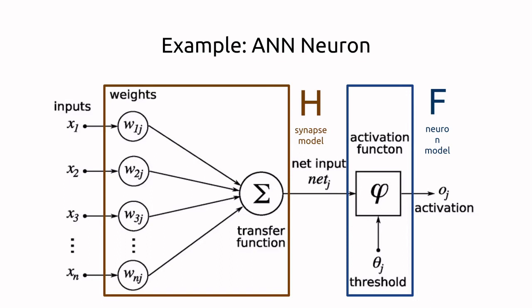Here is an artificial neural network where the synapse model H is just a weighted sum of the input spikes that are transformed into a current that is fed to the neuron model F, which is just a step function with a threshold, not a bias.